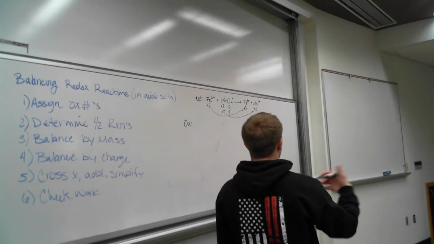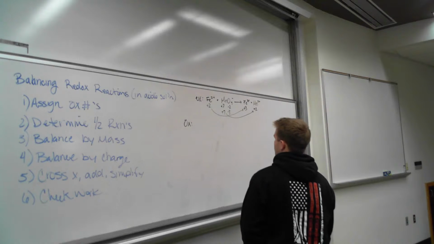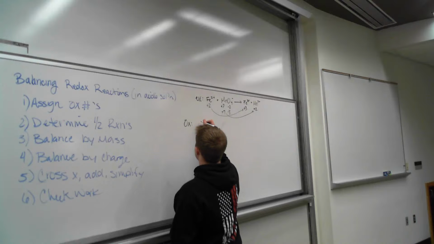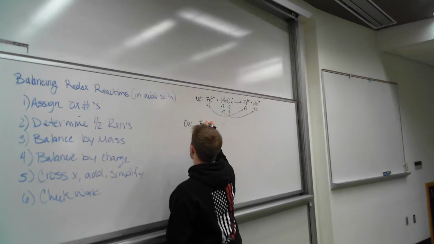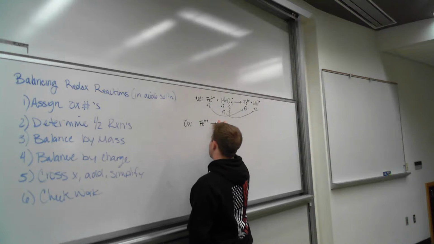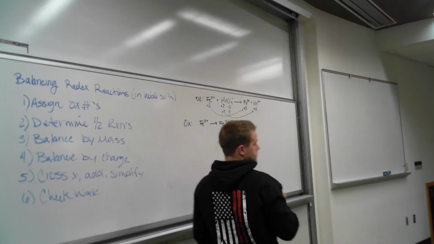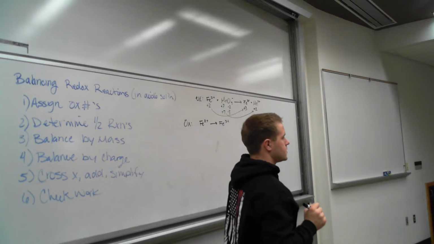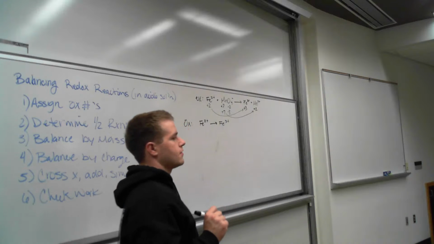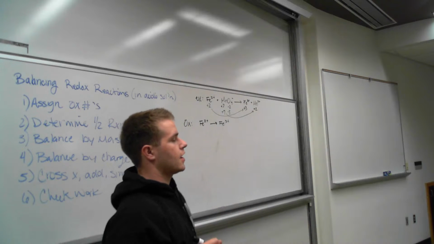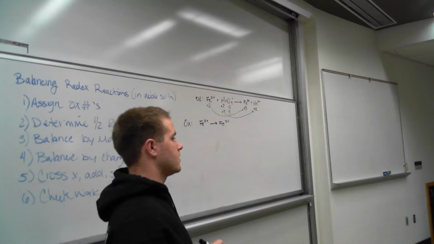Because it got more positive. We went from +2 to +3. So for the oxidation half reaction, we're going to write Fe2+ becomes Fe3+. So we're going to write out the half of the reaction that pertains to our oxidation.